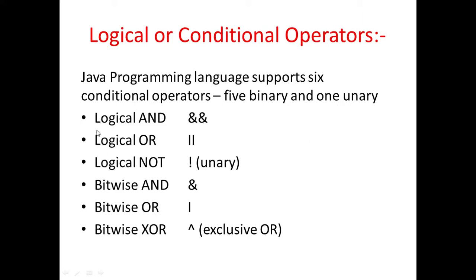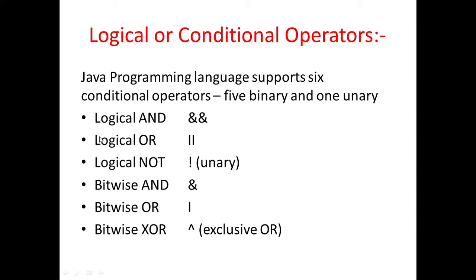So these are logical and, written like this, logical or written as 2 pipes, logical not written as exclamation sign, and this one is unary. Bitwise and written like this, bitwise or written like this, and bitwise exclusive or written like this.